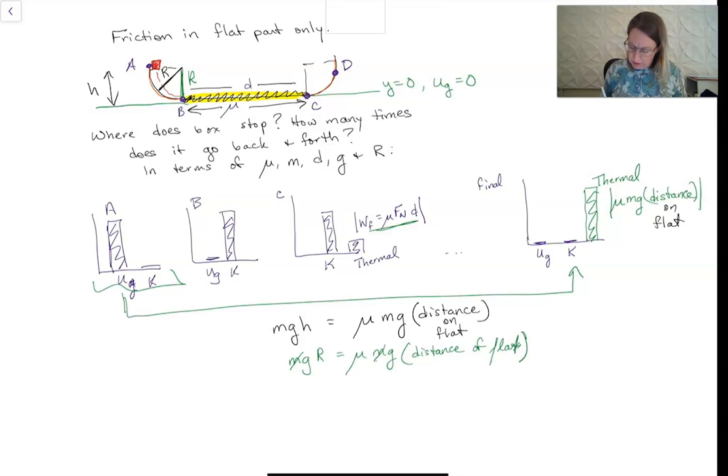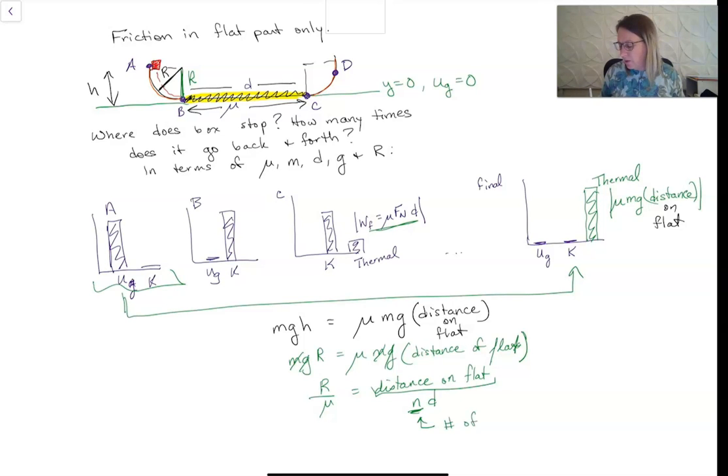So the masses cancel, g's cancel, goodness, and it's just r over mu that gives us the distance it goes on the flat, which you could write if you wanted as some number n times this distance d, and so that n is now the number of times it goes back and forth across the flat.